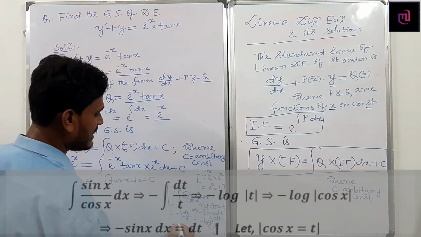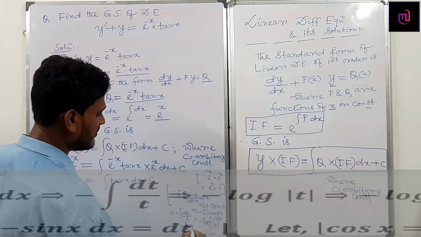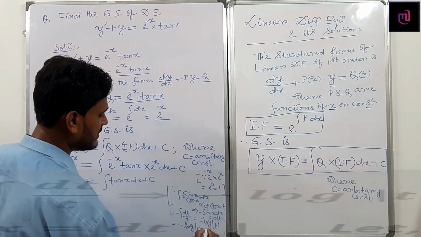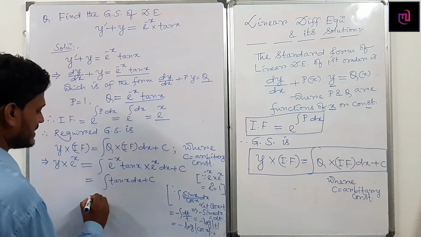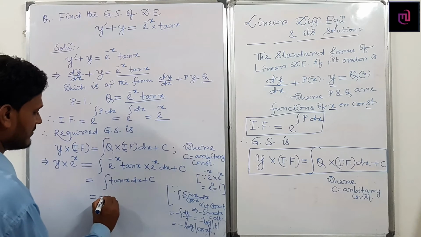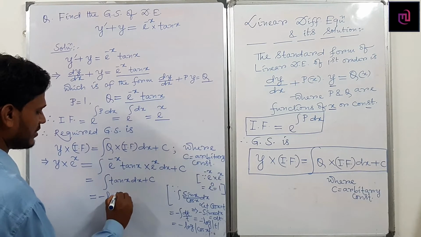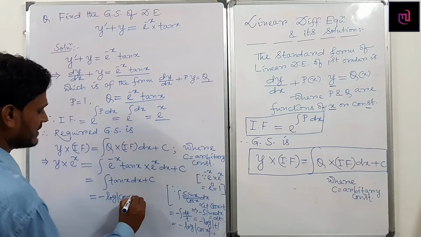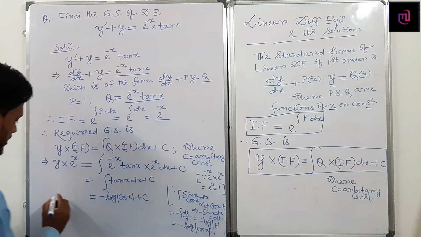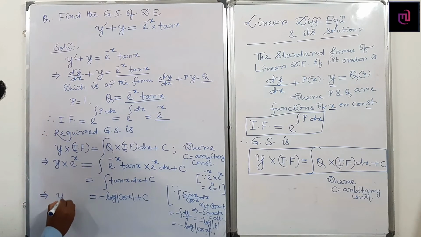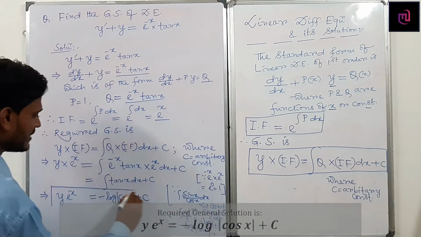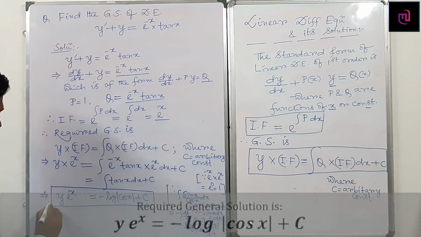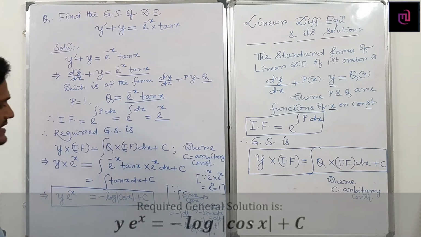So finally minus log of mod cos x plus c. So the required general solution becomes y e^x equals this much, where c is the arbitrary constant or integrating constant.